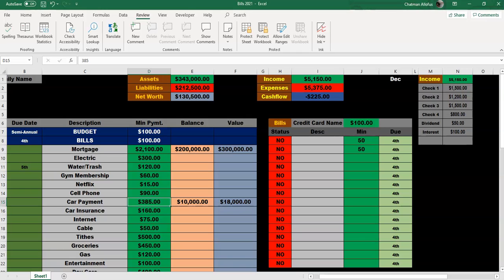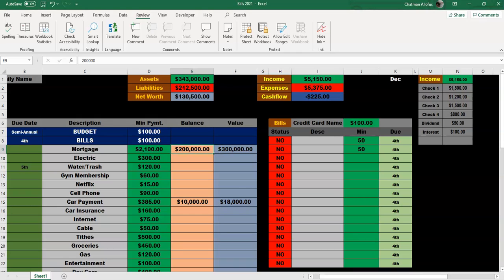Use your statement, write down the description, and this can be like Wells Fargo mortgage. You can make the description whatever you want. It's your personal use, to your specs and how you want it to be. And then, while you're at it, if you're actually in your mortgage statement, go ahead and look up the value of it and how much you owe.